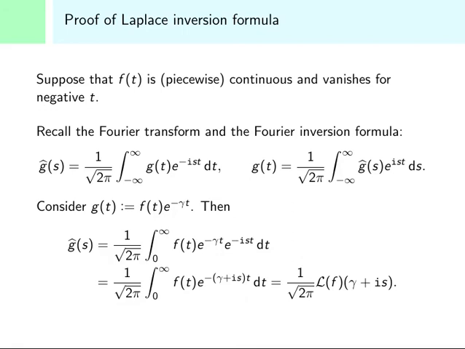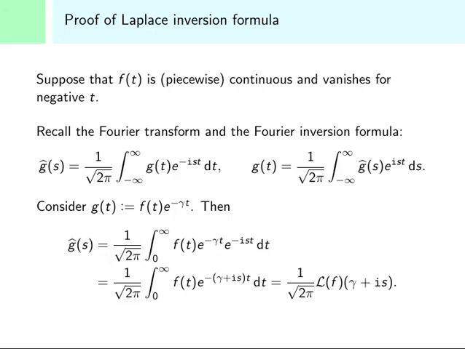We already know the Fourier transform and the Fourier inversion formula, and now we apply that to the following special case. Namely, let's suppose that g of t equals f of t times exponential negative gamma t. Okay, the Fourier transform of g in s equals 1 over square root 2 pi, plugging in definitions and using that f of t vanishes for negative numbers, times the integral from 0 to infinity of f of t times exponential negative gamma t times exponential negative ist dt.